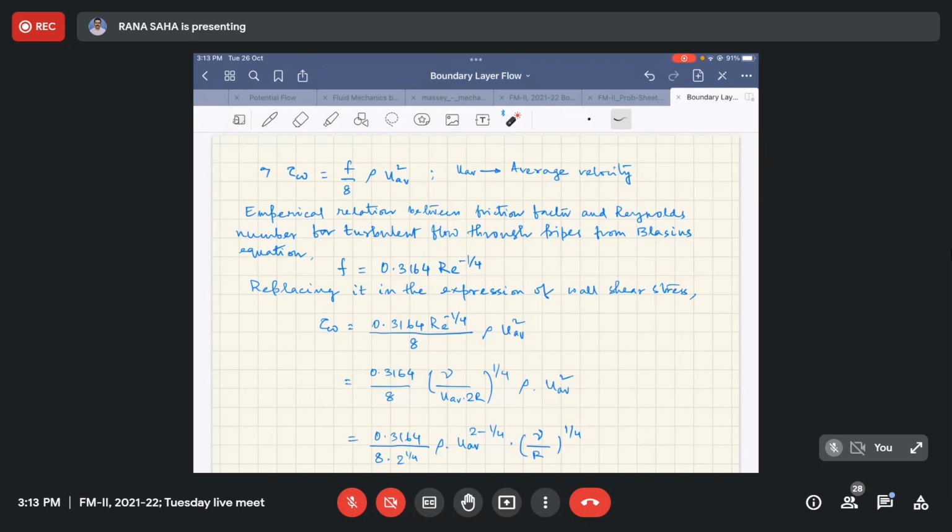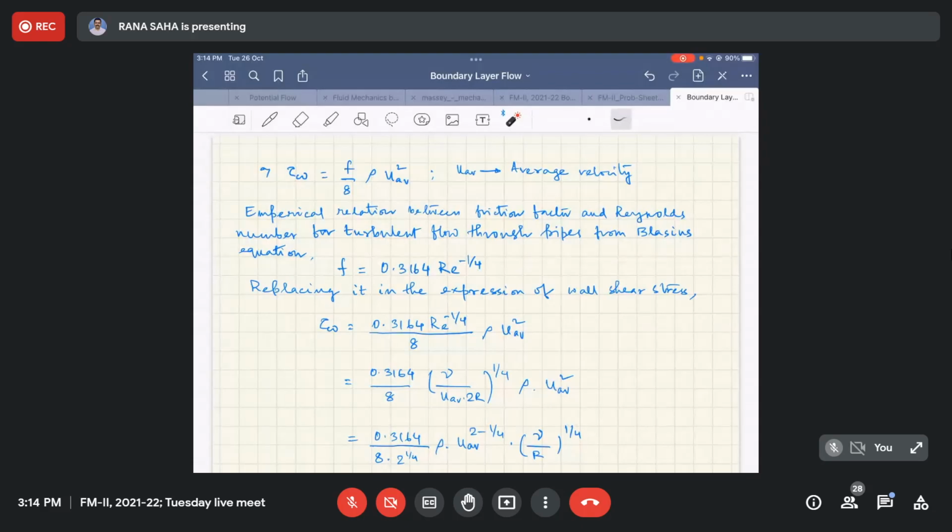Further, there is another experimental relation between the friction factor and Reynolds number. For example, you can recall that for laminar flow through a pipe, we have F equals 64 by Re. That actually is not an experimental finding. Rather, if you combine the Hagen-Poiseuille equation with Darcy's equation, you can analytically find this relation of friction factor with Reynolds number, isn't it?